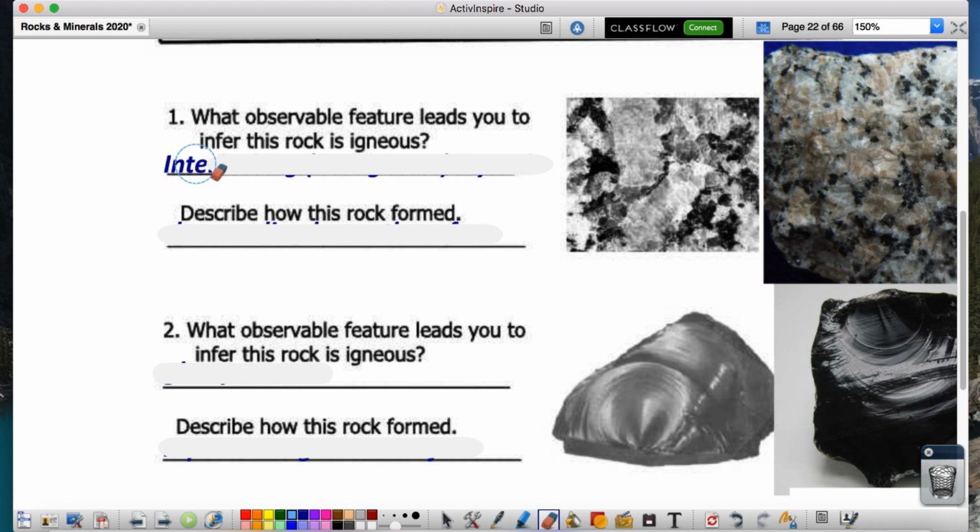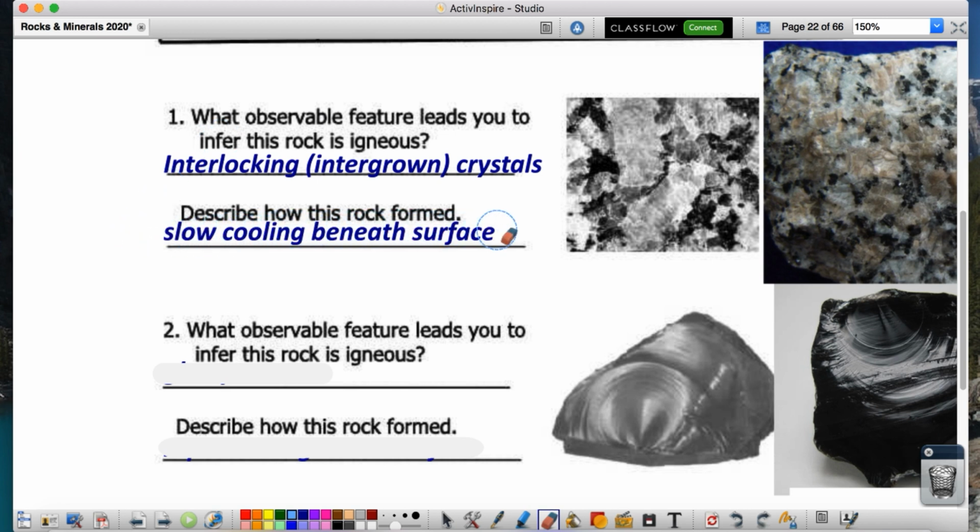Well, the answer is interlocking or intergrown crystals, like pieces of a jigsaw puzzle. Now, how would such a rock have formed? With big crystals like this, how would that rock have formed? Please place your answer right there. And the answer is that the rock would have cooled slowly beneath the Earth's surface.